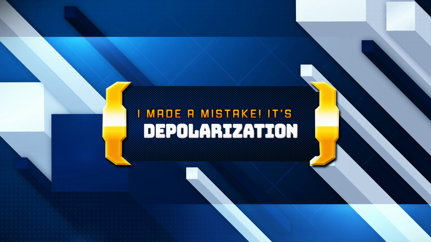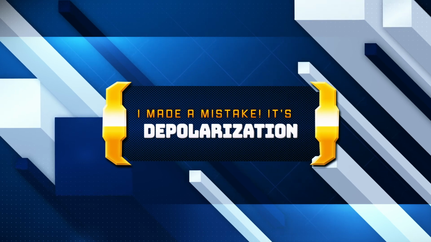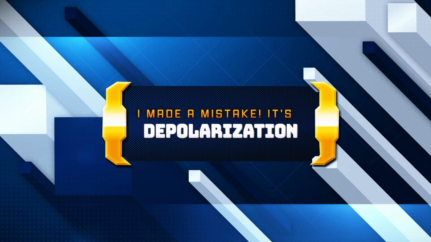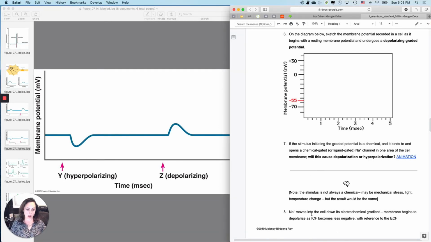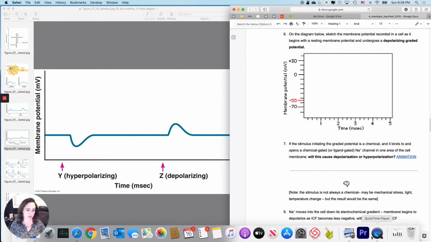It will cause depolarization. Okay, so the stimulus doesn't have to be a chemical, but chemical gated channels are easier for us to picture. So I'm going to give you an animation to watch that shows you this.